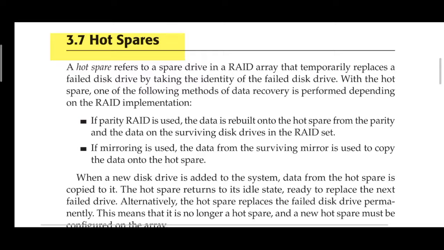Just as you go for spare part replacement of your vehicle, in the same way a hot spare is an additional drive in the RAID array that temporarily replaces a failed disk drive.